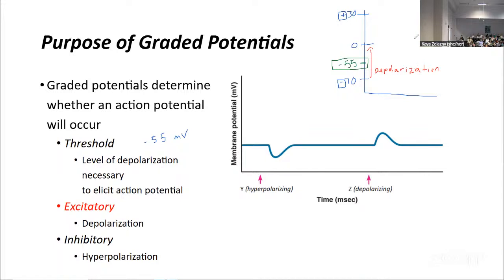That's not the only thing that can happen. To depolarize, we need to let positive charges flow into the cell. We're starting at -70, and making that more positive fundamentally means positive ions coming in. But we could have negative ions flow in. We could have positive ions flow out. That's possible.